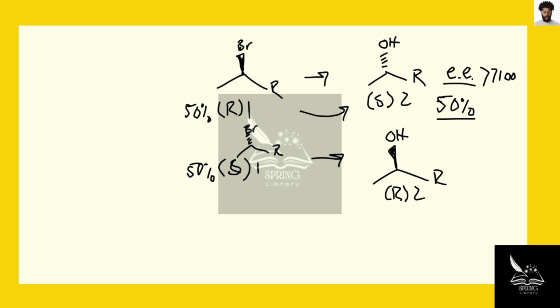But say if we heat the mixture or some impurities allow some of our S1 to turn into R2, our yield might go up. But that means our enantiomeric excess would go down.